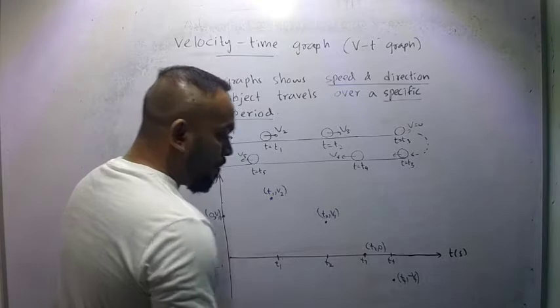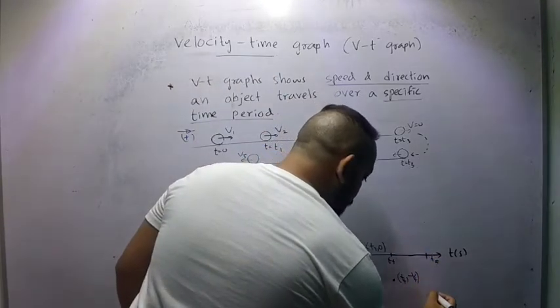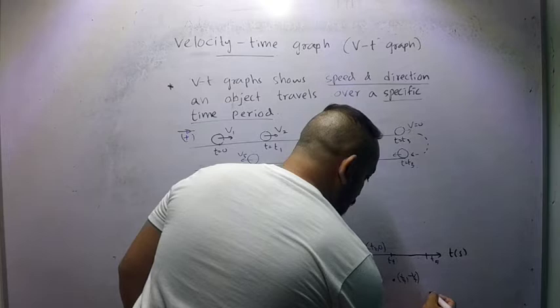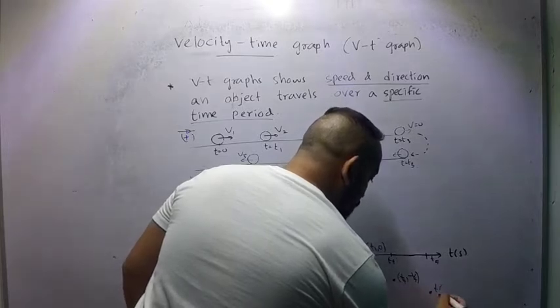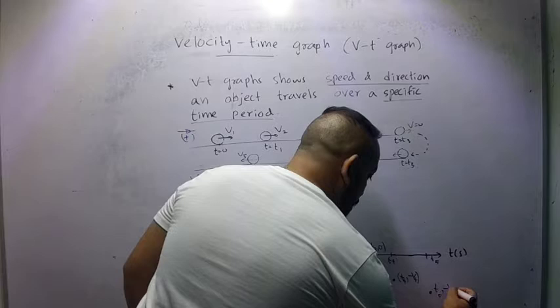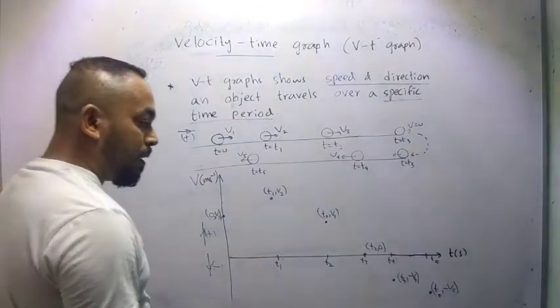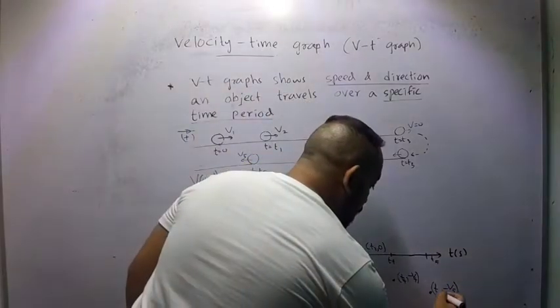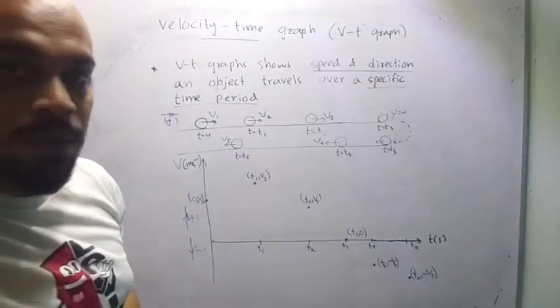Suppose this is T5. So T4, T5, minus V5. Okay. Right. Good. You can see that, right?